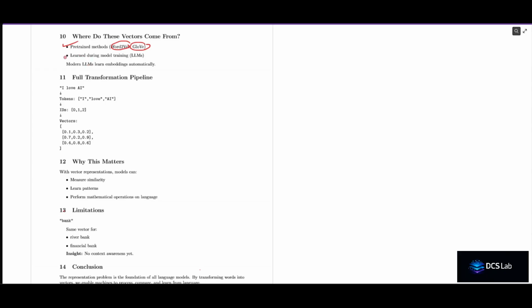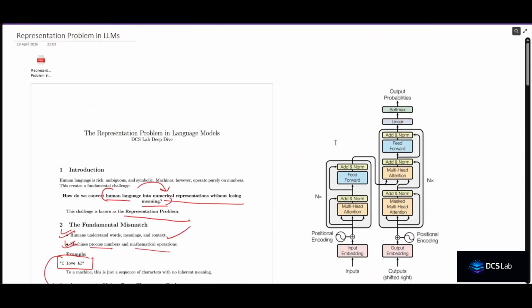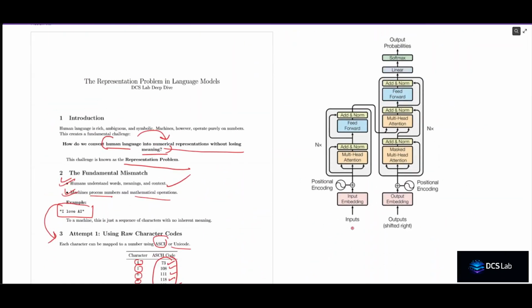Even LLMs can learn these vector representations during model training, and this is a very important thing. Most of us make a mistake here. If you look at the transformer architecture, we give some inputs here, and that input gets converted to input embeddings.